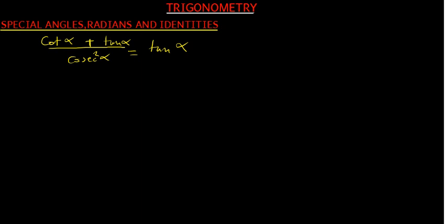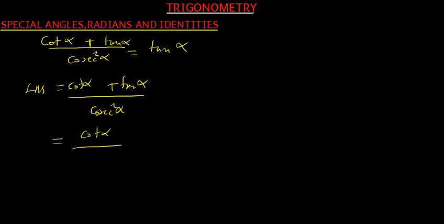Well, the first thing we can do is take the left hand side, which is cot alpha plus tan alpha, divided by cosec squared alpha. We can split this into cot alpha divided by cosec squared alpha, plus tan alpha divided by cosec squared alpha.